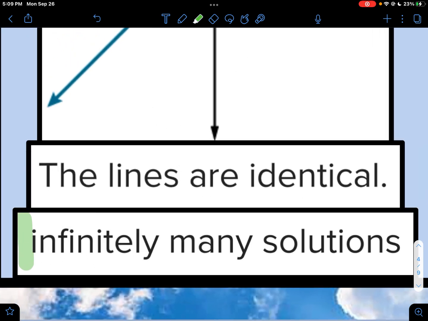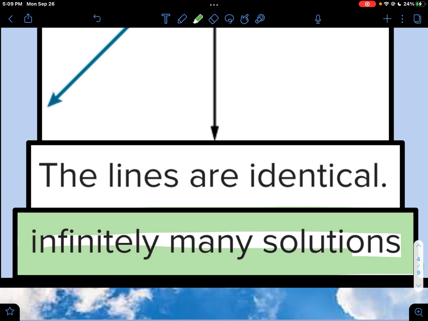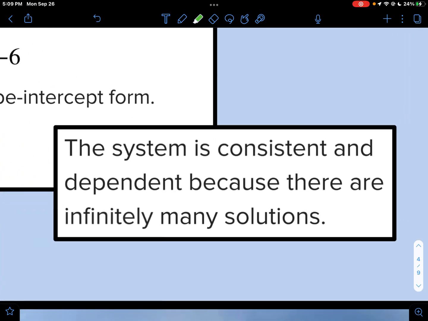So we're going to highlight again. I'm using different colors. You don't necessarily have to, but you can. So infinitely many solutions are consistent and dependent.